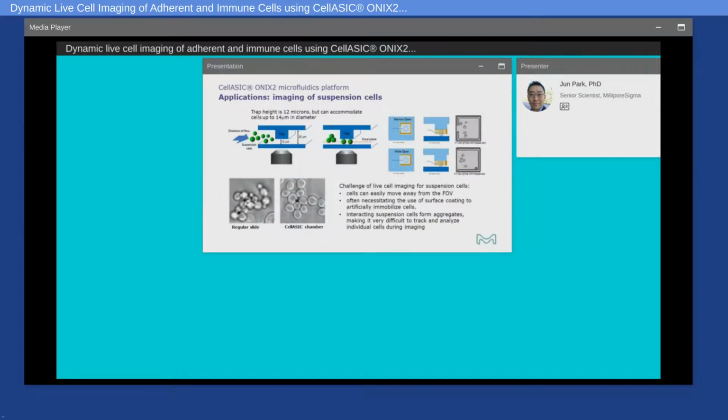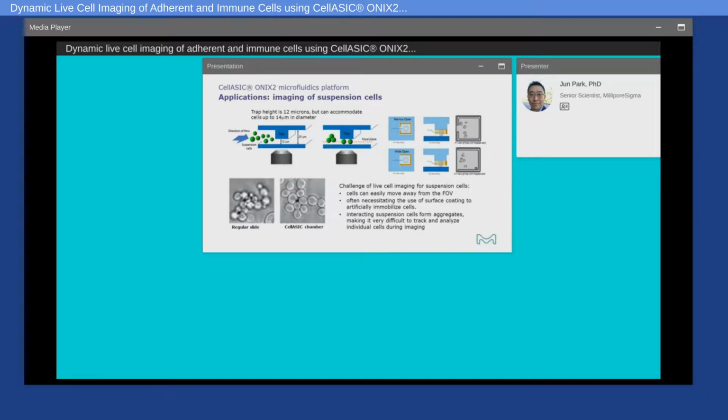Next, I would like to cover live cell imaging of suspension cells, which pose a unique challenge due to their non-adherent nature. As you can see in the image at the bottom left, during live cell imaging, suspension cells will move up and down, making it impossible to image cells at single cell level.